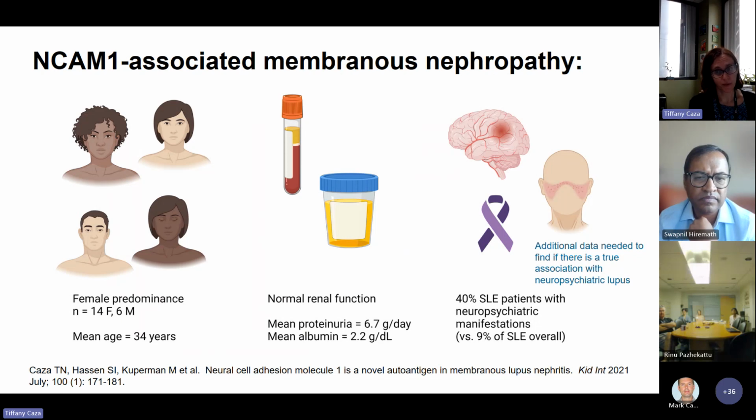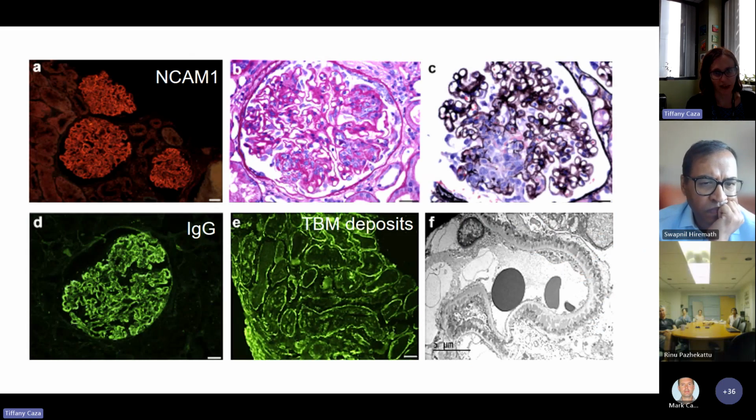NCAM1 is expressed both within neurons and podocytes, and 40% of patients in this small series of only 20 patients had neuropsychiatric lupus, which would be seizures, cerebritis, or psychosis, compared to 9% of the lupus population overall. So there could be a link, but more data needs to be collected to determine that.